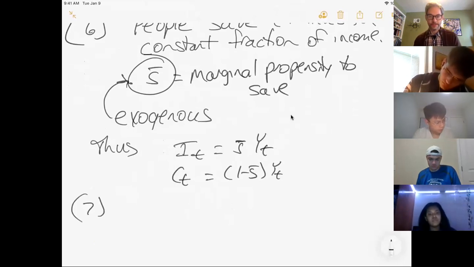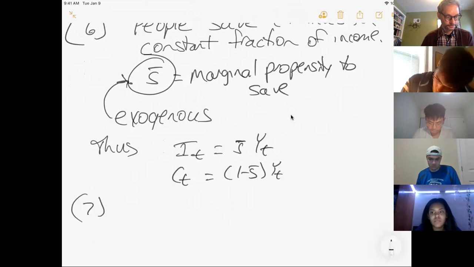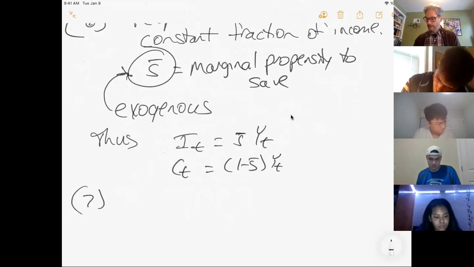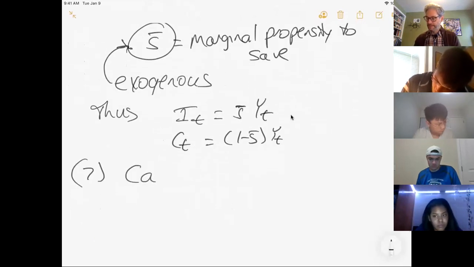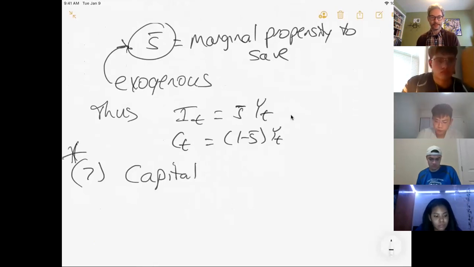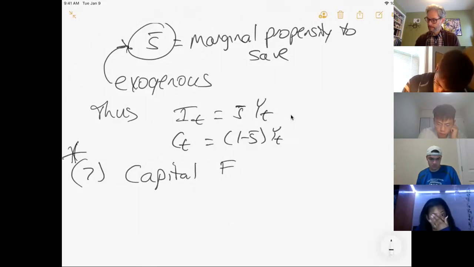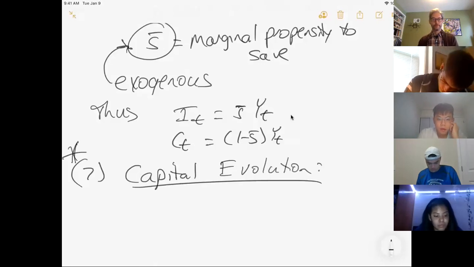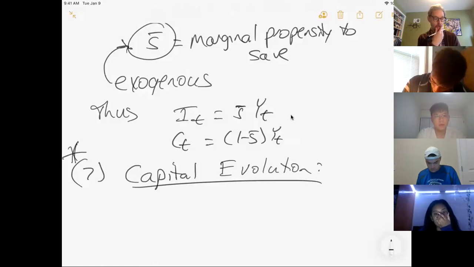Okay, we're getting close to the end here. This is probably, maybe you could think about this as the most insightful or impactful assumption that we're going to make. We need to make an assumption about how capital changes over time. How does capital change over time?